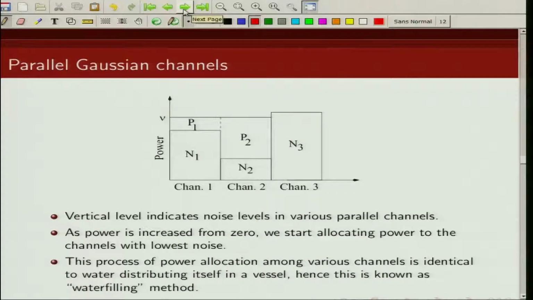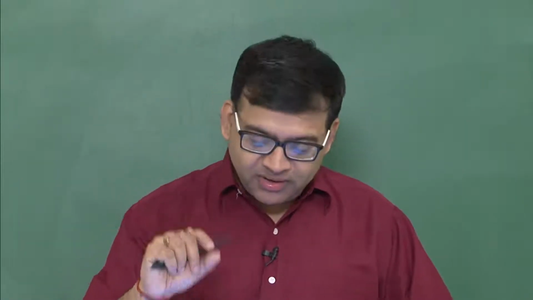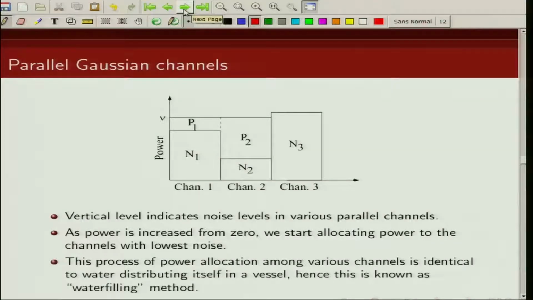So this is precisely the way this power allocation strategy works. You can think of those items I put in the bucket as noise levels. Once I start allocating power, I will give power to those channels which have less noise until power plus noise becomes equal to the noise of some other channel, and then that channel will also start getting some power.